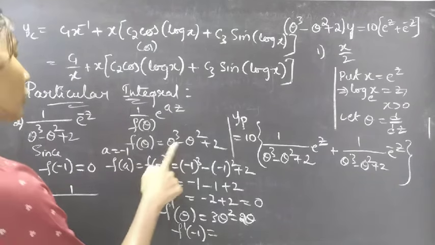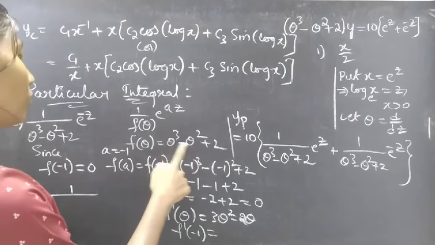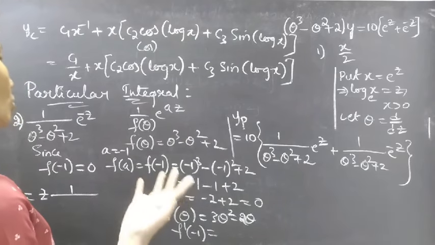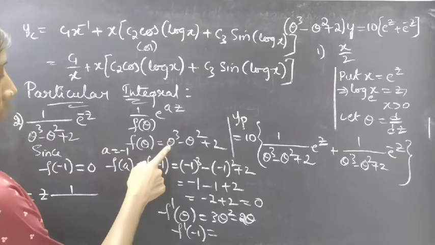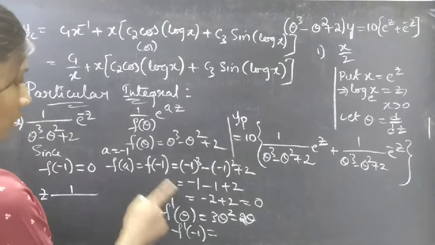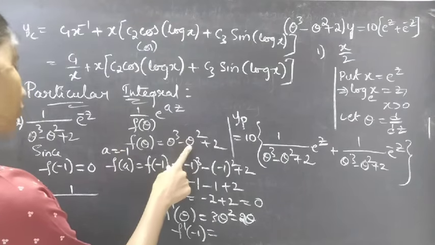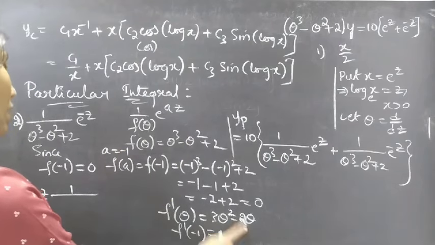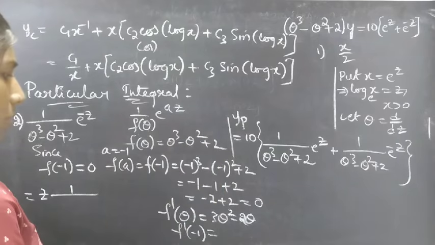We are having theta cube minus theta square plus 2, a function of theta. So derivative of theta cube with respect to theta will be 3 theta square, and derivative of theta square with respect to theta will be 2 theta, and derivative of a constant is 0, right?